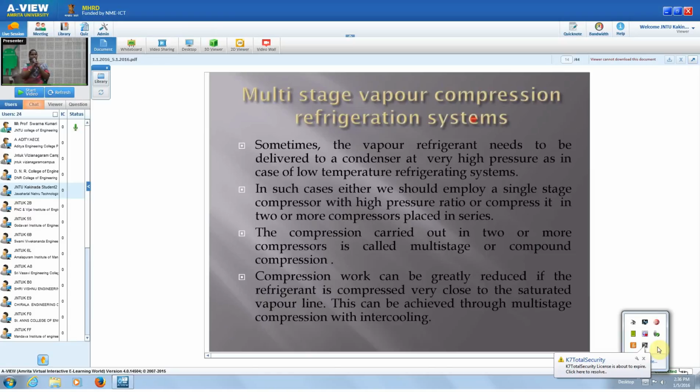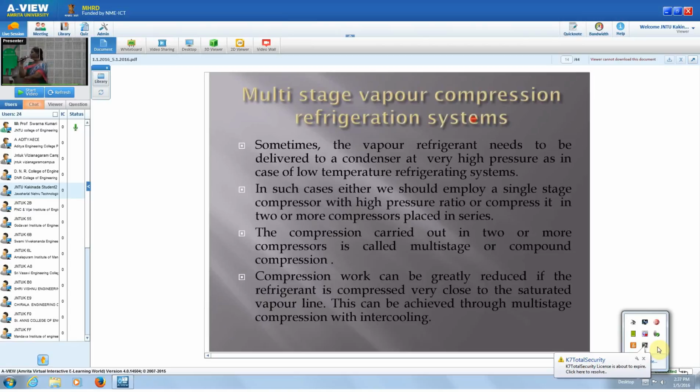So multi-stage, that name itself indicates, there are a number of stages through which the refrigerant is passing. It may require 2 compressors or 3 compressors, or maybe a number of flash chambers, or it may even require reducing valves also. Okay. So the vapor refrigerant needs to be delivered to a condenser at very high pressure.